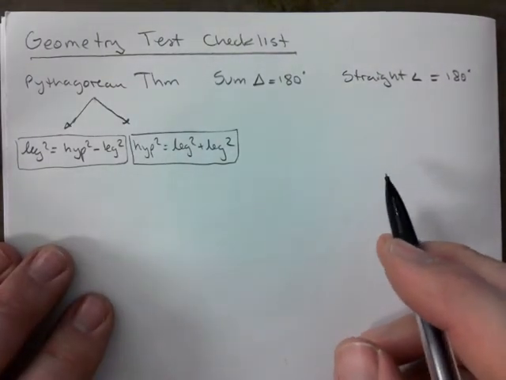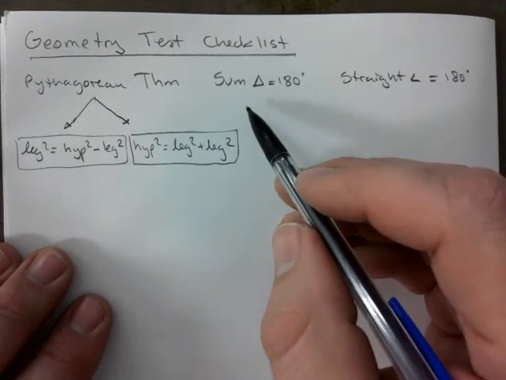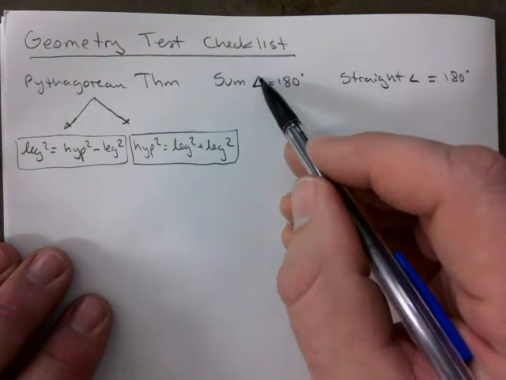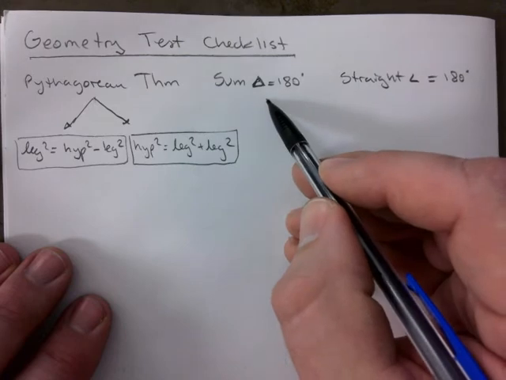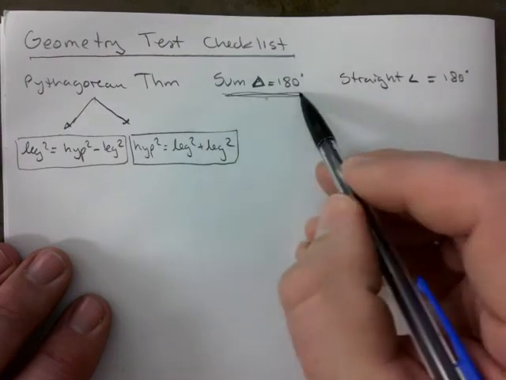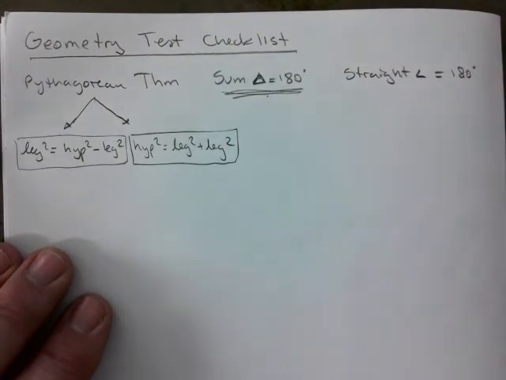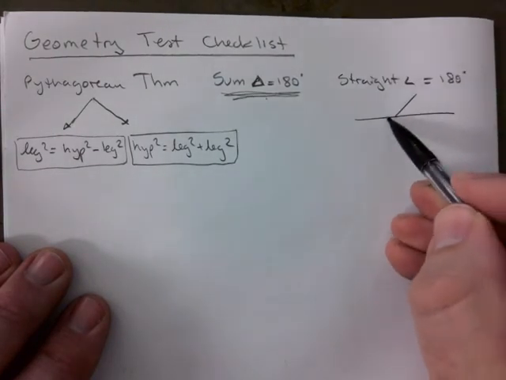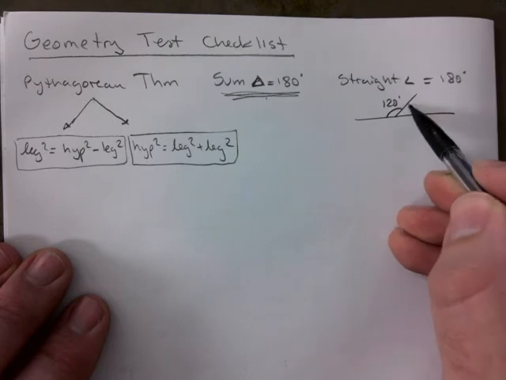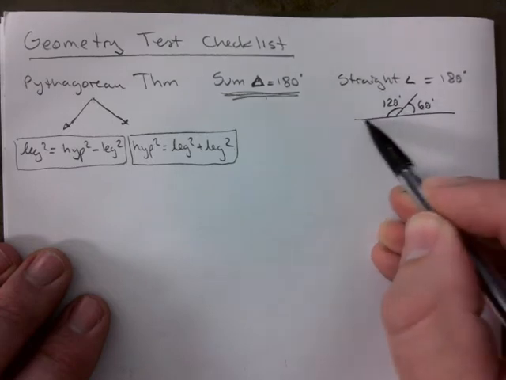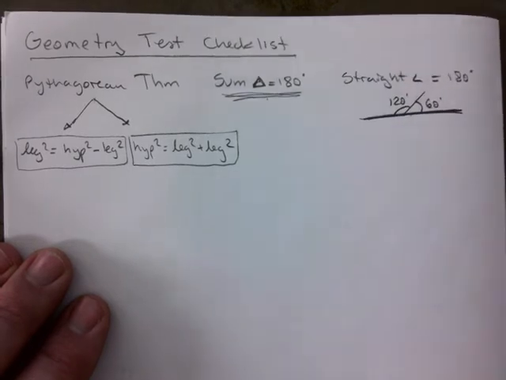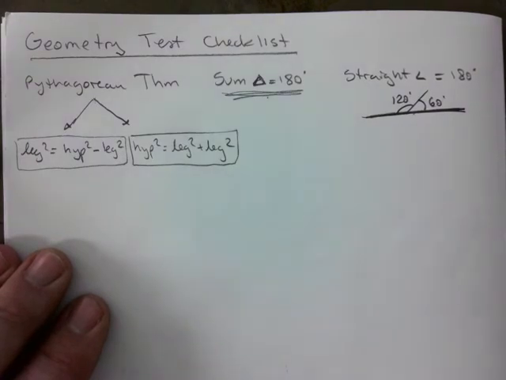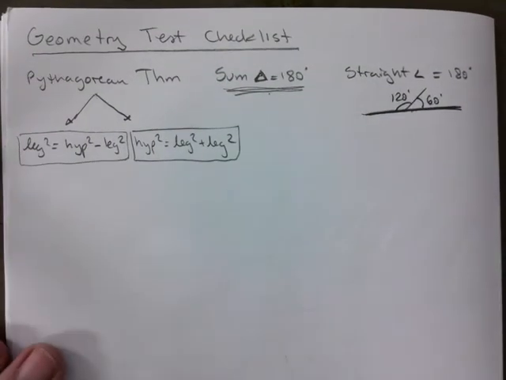Sum of triangle, if you know two angles, you can find a third one. Straight angle, just make sure, like if this is 120, then this is 60, right? It's along the straight line here. These three can often just solve the case for you.